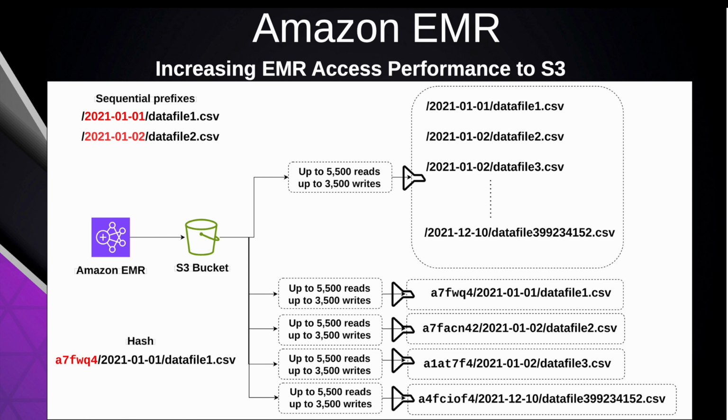Using hashed prefixes reduces the chance of creating hotspots where too many requests hit the same part of the S3 infrastructure at once. In addition, you can look at S3 Express One Zone. It's 10 times faster than standard storage, but remember you need to check the region where this feature is available.